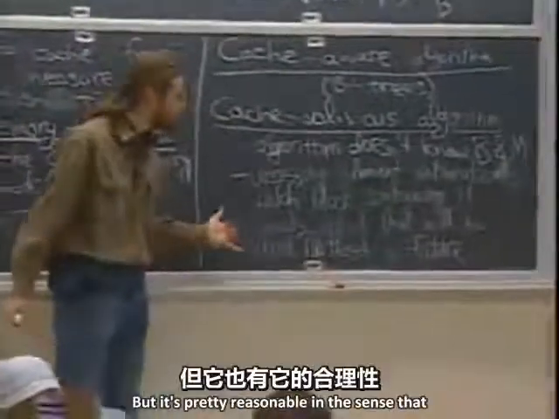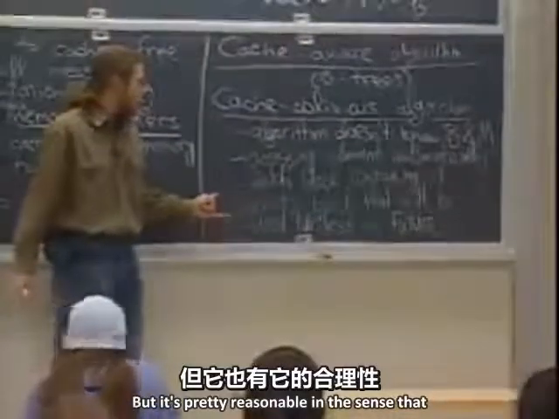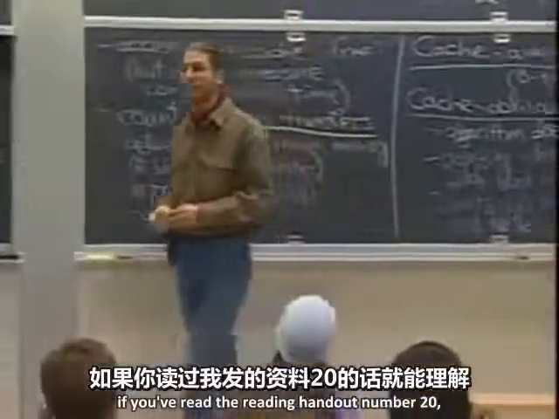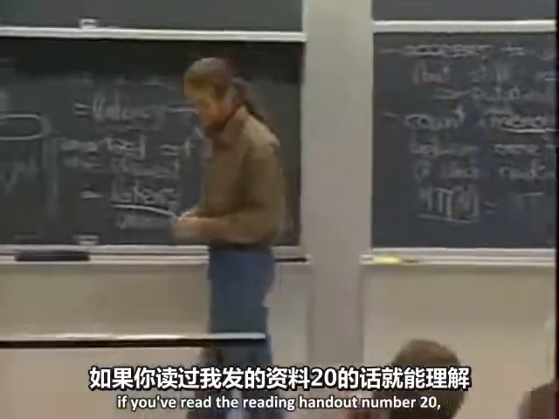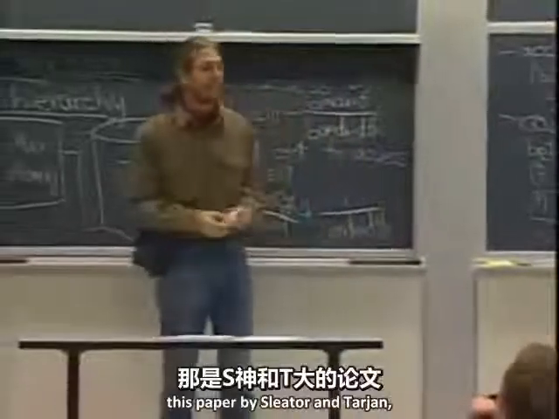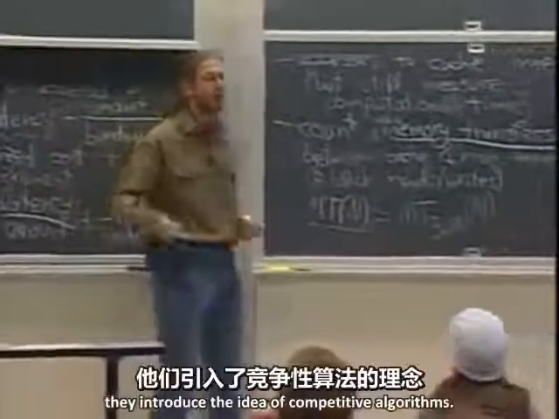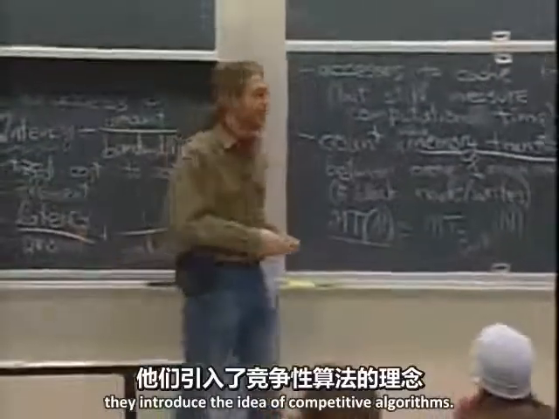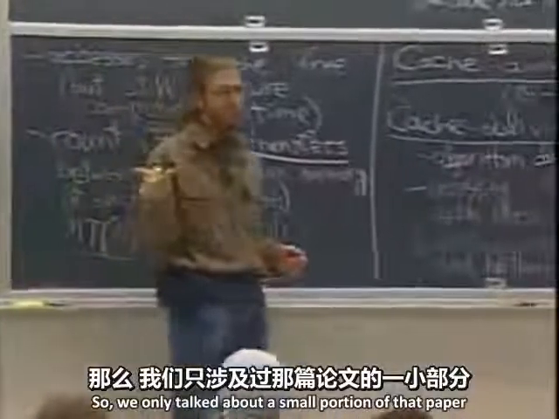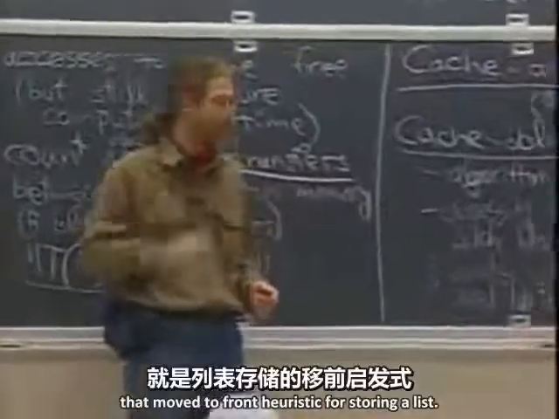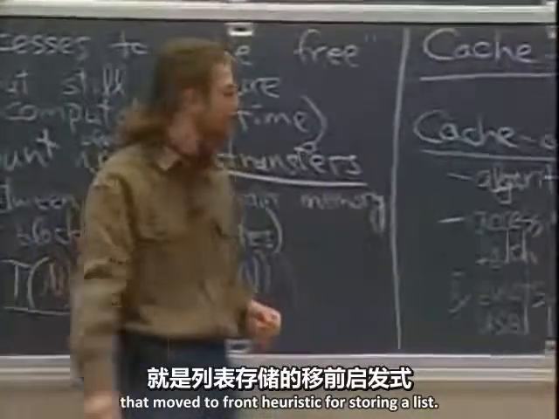But it's pretty reasonable in the sense that if you read the reading, handout number 20, this paper by Sleator and Tarjan that introduced the idea of competitive algorithms. So we only talked about a small portion of that paper, the move-to-front heuristic for storing a list.